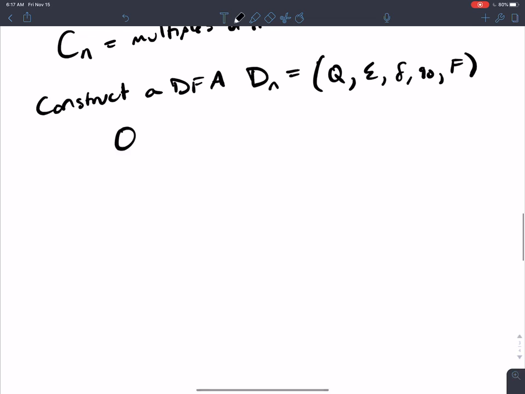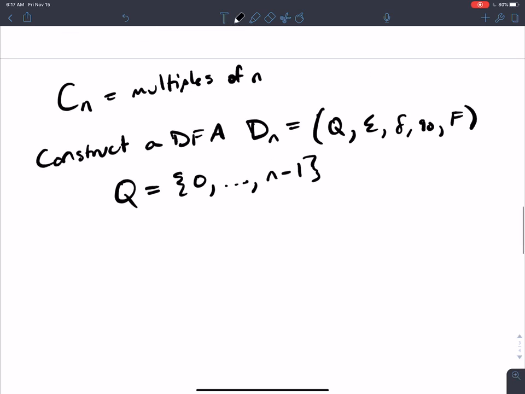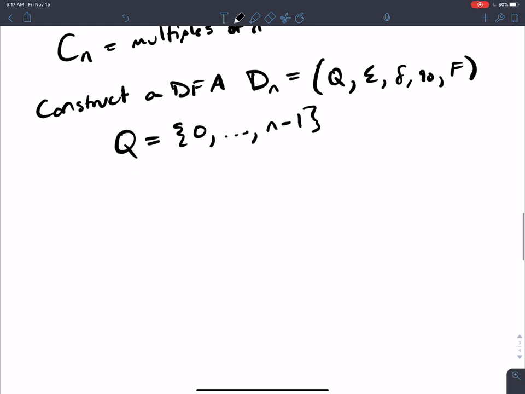So Q, the set of states, is going to be the numbers from 0 up to n minus 1. We can call them Q0 up to Qn minus 1, but I can just leave them as numbers. It doesn't really matter.